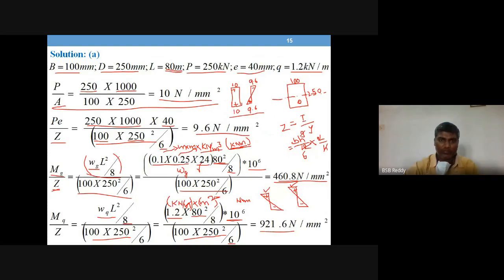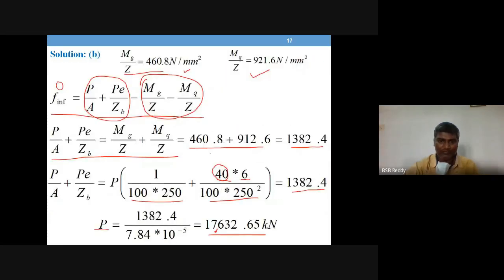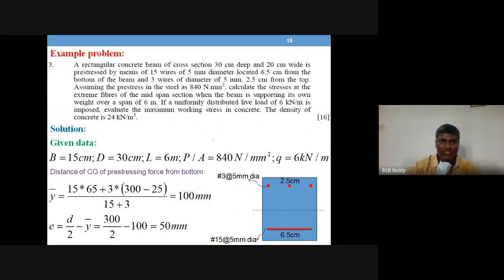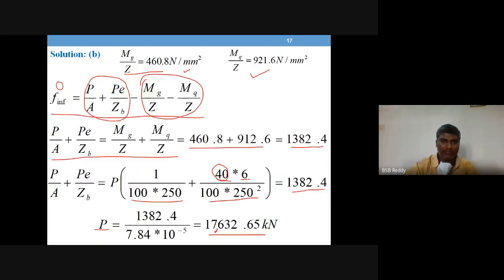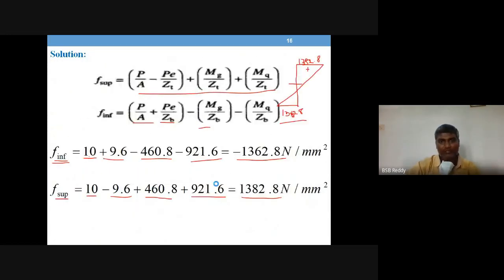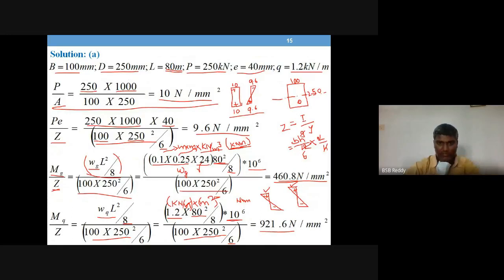So that looks abnormal value. I mean, even the concrete stresses also look abnormal because stress in concrete of 460 megapascal, 920 megapascal is abnormal. Anyhow, because it's just an example question, you have to work out for the given data. If it is to be a normal value, you shall get it when you use 8 meters instead of 80 meters. Okay, right?